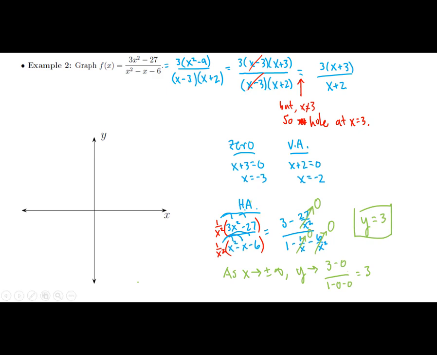Just like we have to put dashed lines in when our vertical asymptotes don't align with an axis, we also have to put them in when our horizontal asymptote doesn't align with an axis. So let's put some tick marks for our y values.